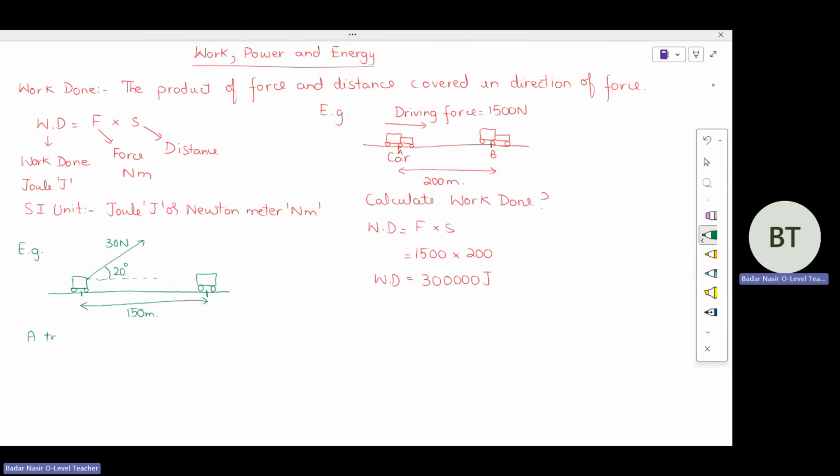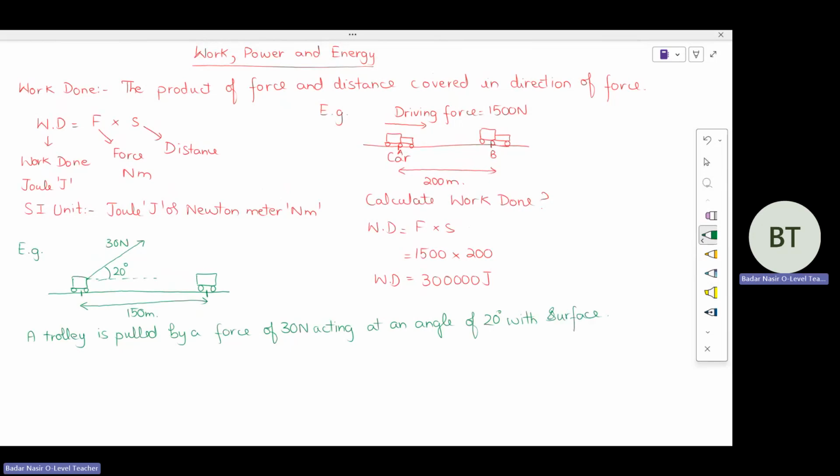A trolley is pulled by a force of 30 Newton acting at an angle of 20 degrees with the horizontal, with the surface.